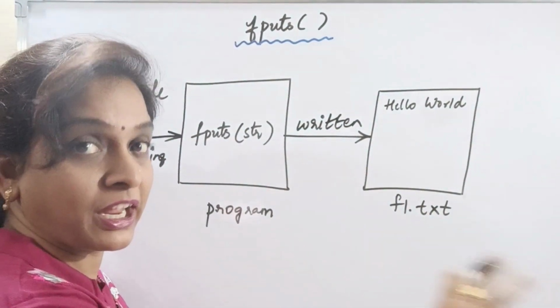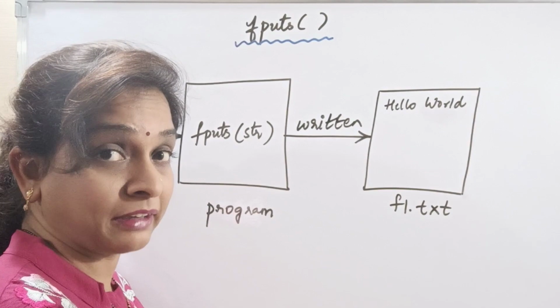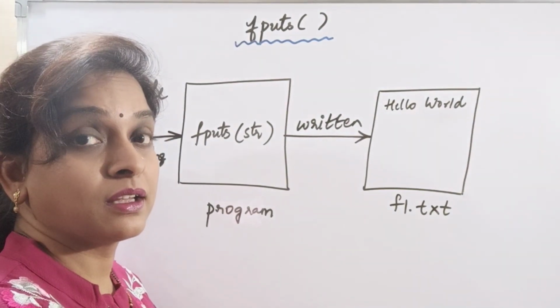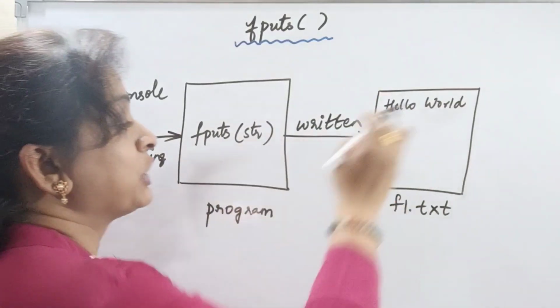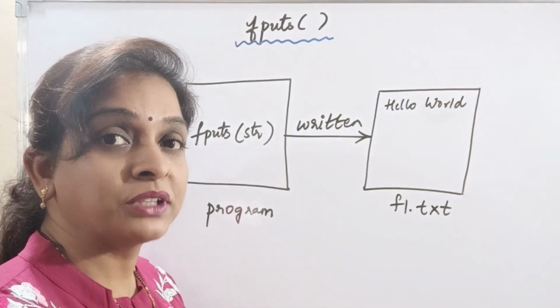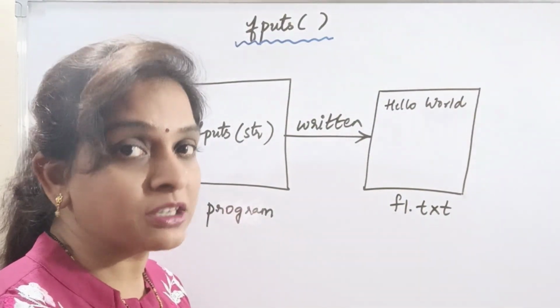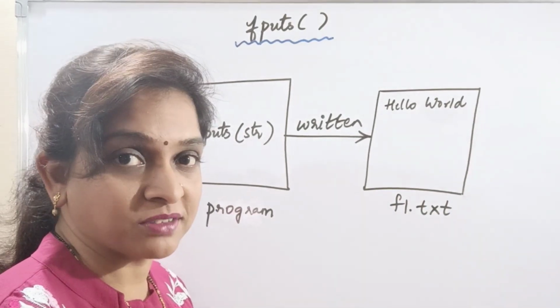The complete string at one stretch. It is not character by character, it is string by string. So the complete string will be put into the file. So how to do that? Let us understand with a complete program and execution.